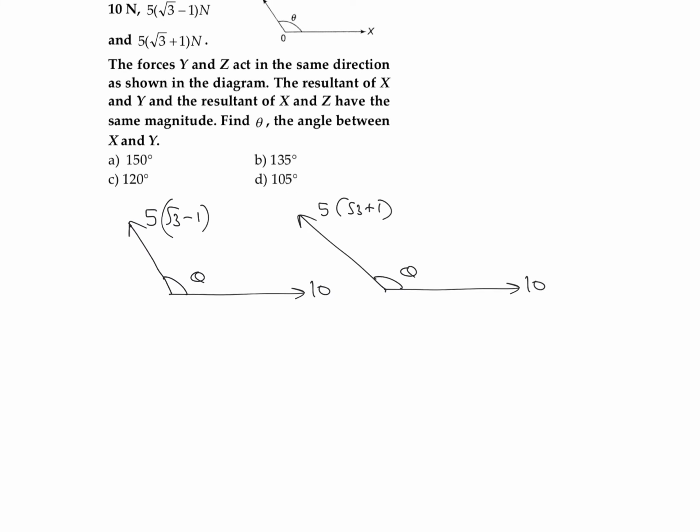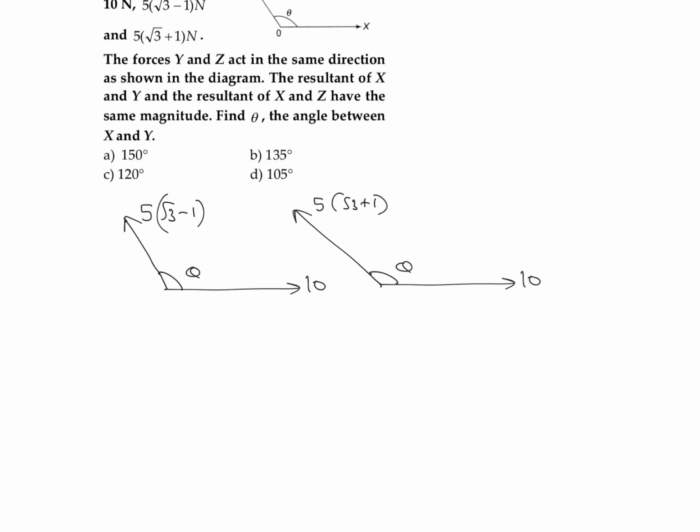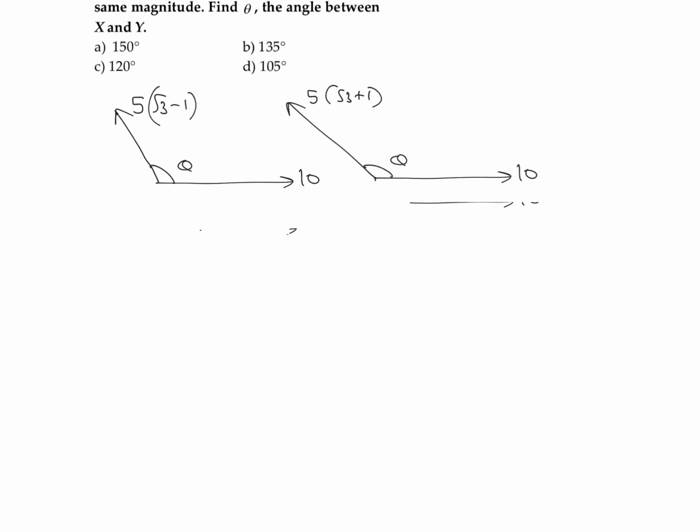One more condition is that the magnitude of the resultant of X and Y, and of X and Z, is the same. So we find the magnitude under both conditions and equate them, and we'll be able to find the value of theta.